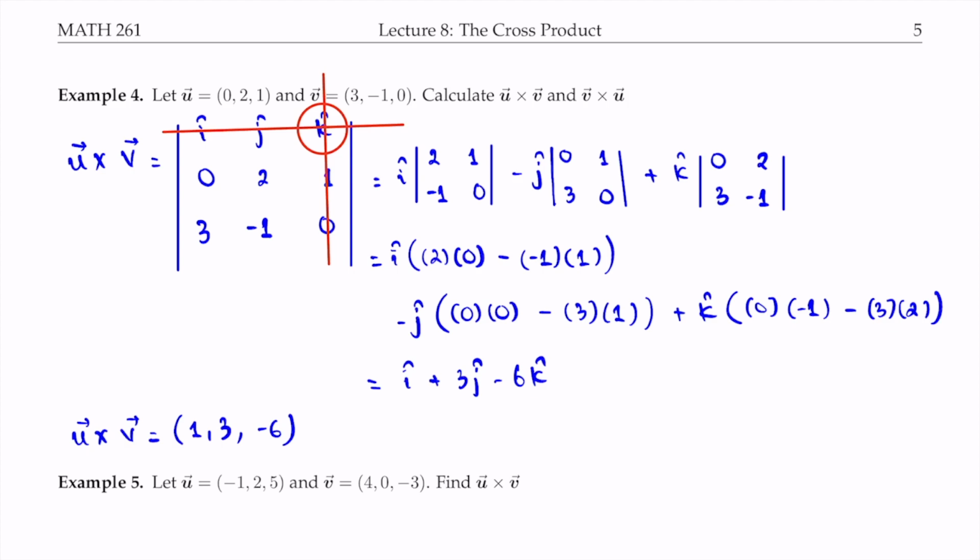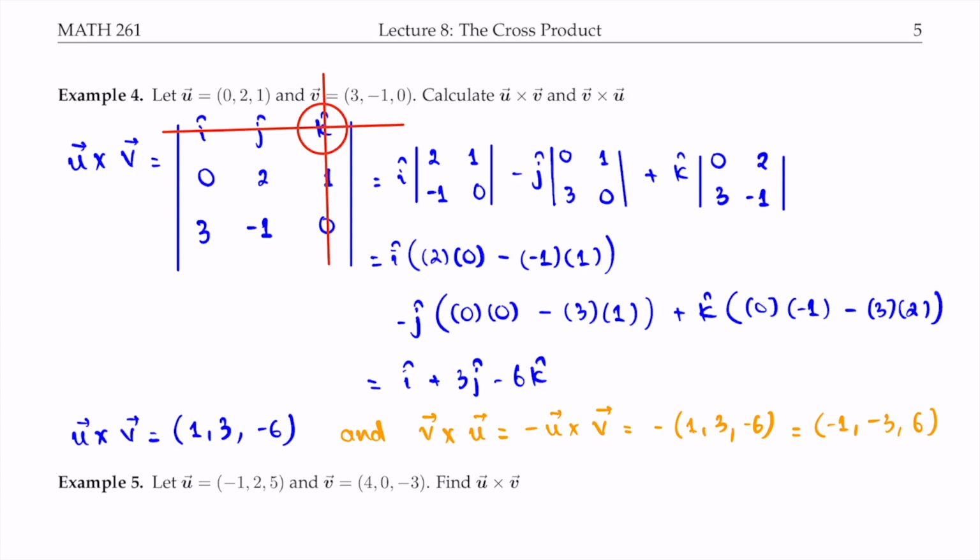So v crosses with u is equal to negative of u crosses with v, and therefore this is equal to negative of 1, 3, -6, or -1, -3, 6.